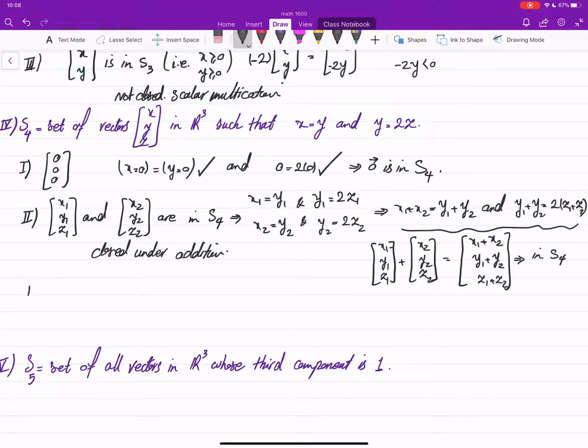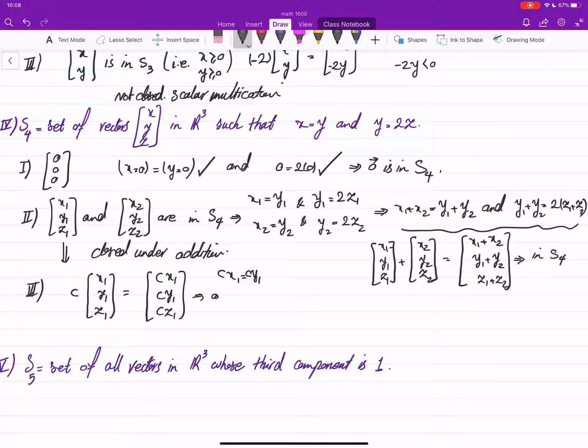How about closed under scalar multiplication? I'll take this one. You multiply this by a scalar, so it will give us cx1, cy1, cz1. And since we know that x1 was equal to y1, that means that cx1 is also equal to cy1.